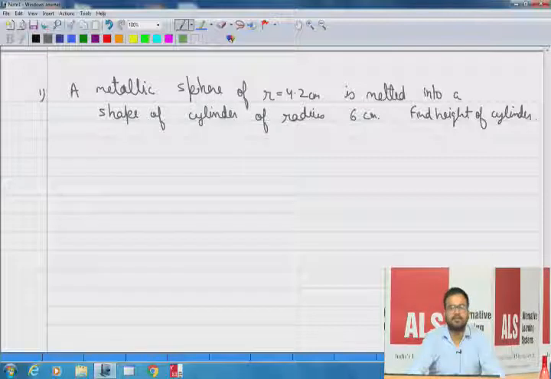It's a very easy question, you just have to substitute the values and find the answer.